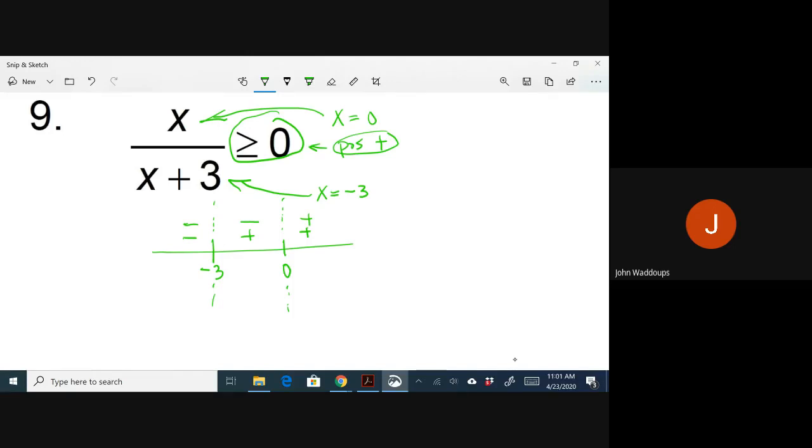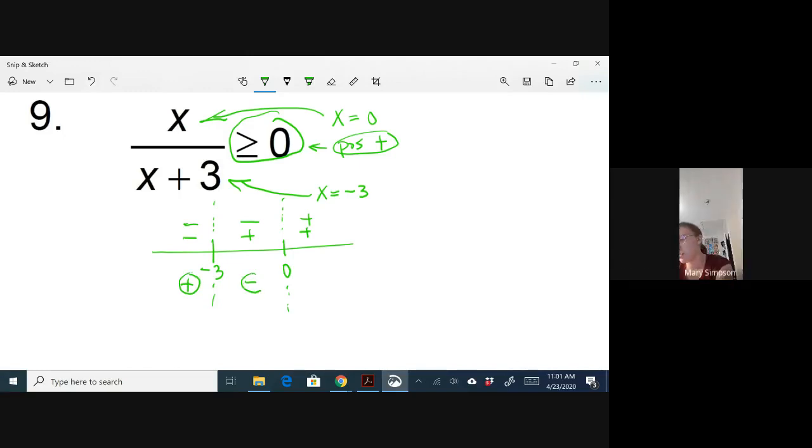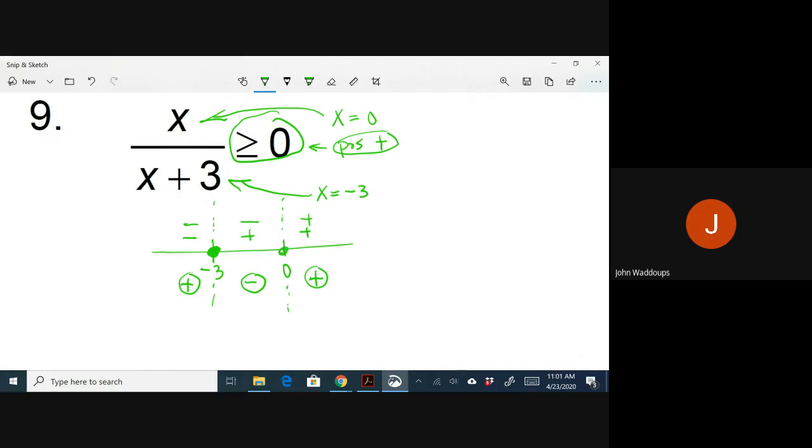And so as we sum this up, negative times negative is positive. Negative times positive would be negative, and positive times positive would also be positive. So because it can be equal to 0, we're going to use closed dots. And then we're looking for the intervals where it's positive, and that's to the left of -3. So it goes off here. And then to the right of 0.